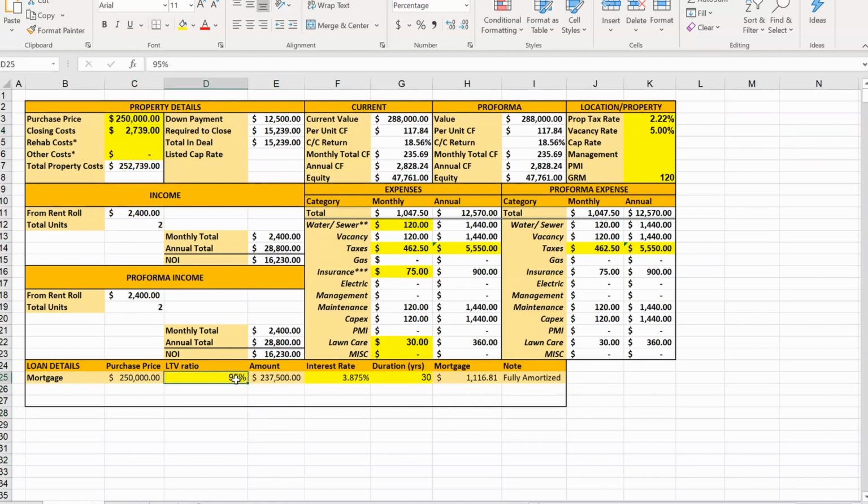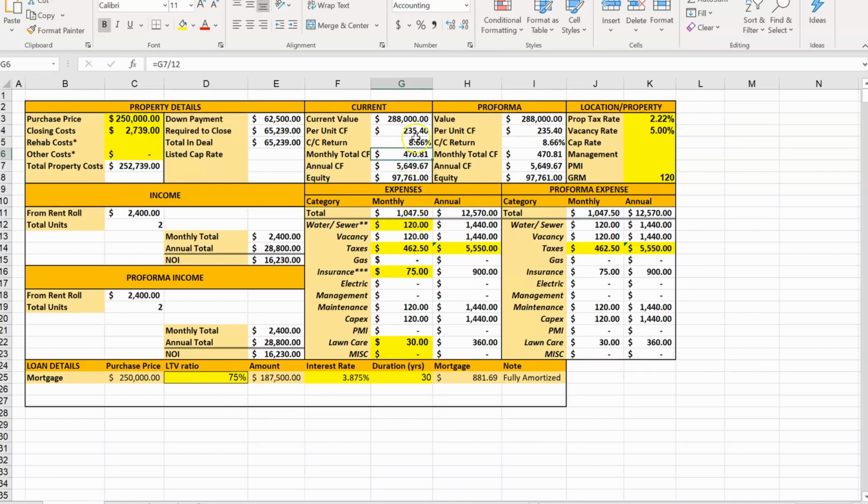A refinance, especially a cash out, will be at a 75 loan to value. Interest rate as a primary residence, we can still get a 3.875, and we'll refinance. Me and my partner will live in one of the units, so we'll refinance at a low rate like this. Hopefully, 30-year term.